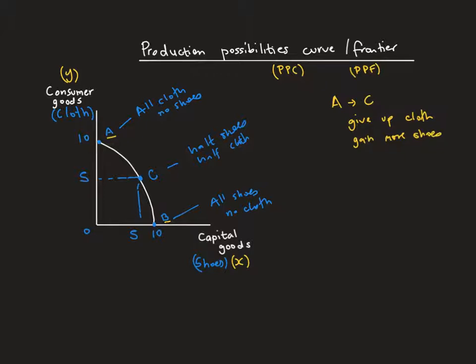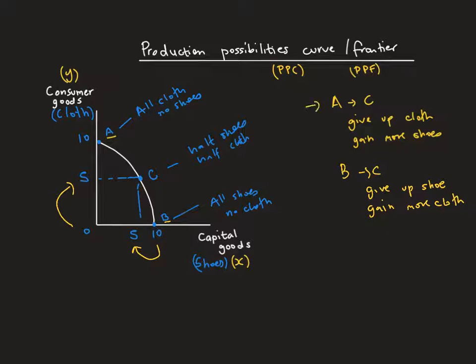So let's say we're moving now from point B to point C. Here we need to give up a bit of shoe production in order to gain more cloth. On the graph, we're moving from 10 units to 5 units of shoe production in order to gain more cloth production. So we're moving from 0 all the way to 5. And that's how we can move from point B to point C.